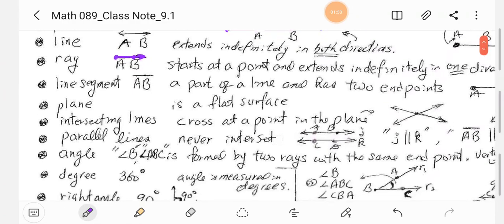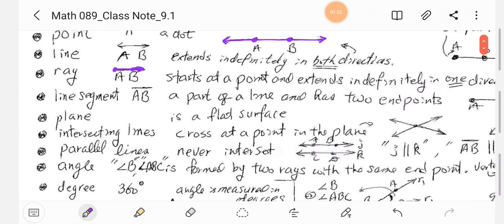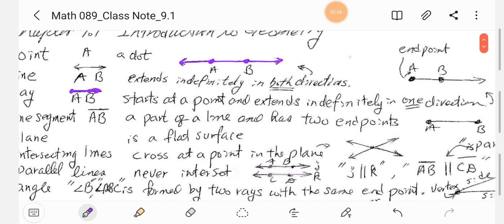And then line segment. A line segment is a part of a line connecting 2 points, and it does not extend. So you have a line and then just cut it, so that one part of the line is a line segment.